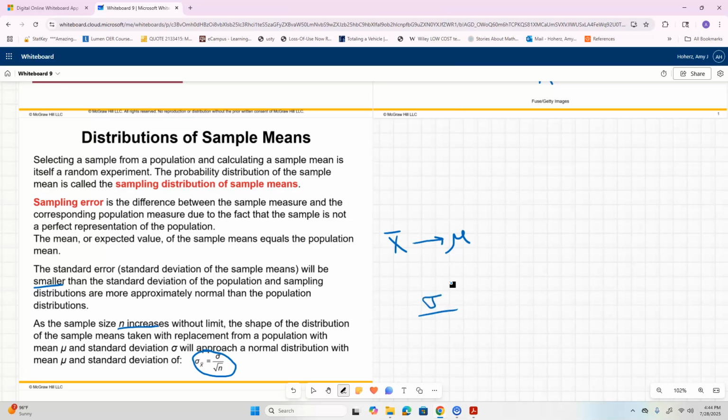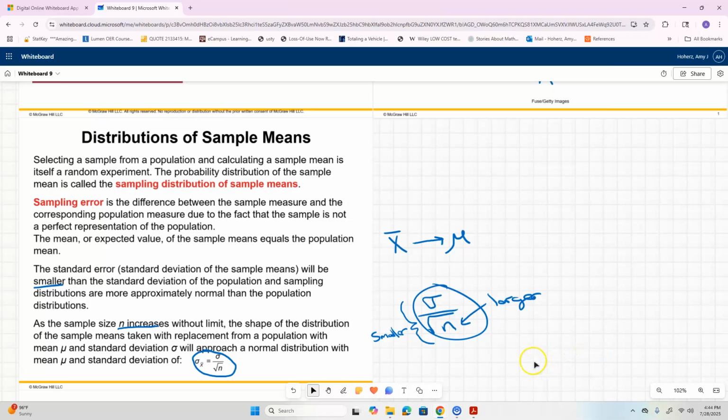And if you make this number n larger and larger, that's going to make this whole thing get smaller because you're dividing by a bigger number. So as your n gets bigger and bigger, this whole thing is going to get smaller and smaller and start to look like the actual sigma was before.